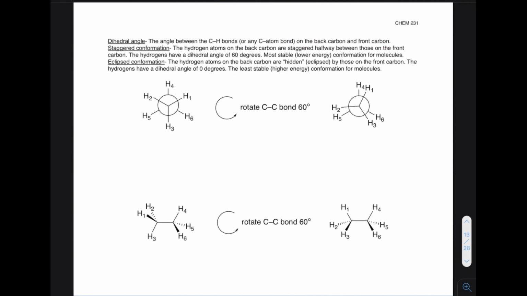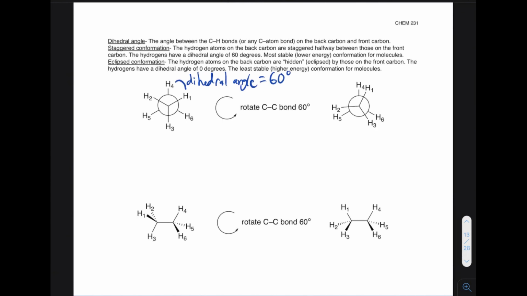See, this is the front carbon, and hydrogen 4 is attached to the back carbon. This dihedral angle is 60 degrees.